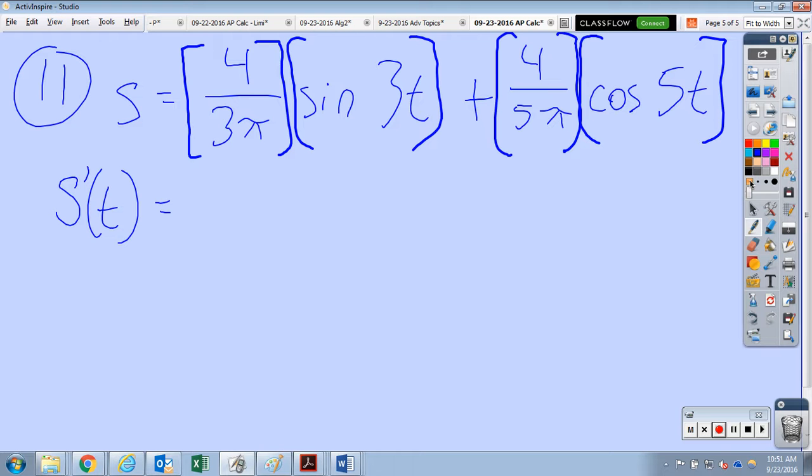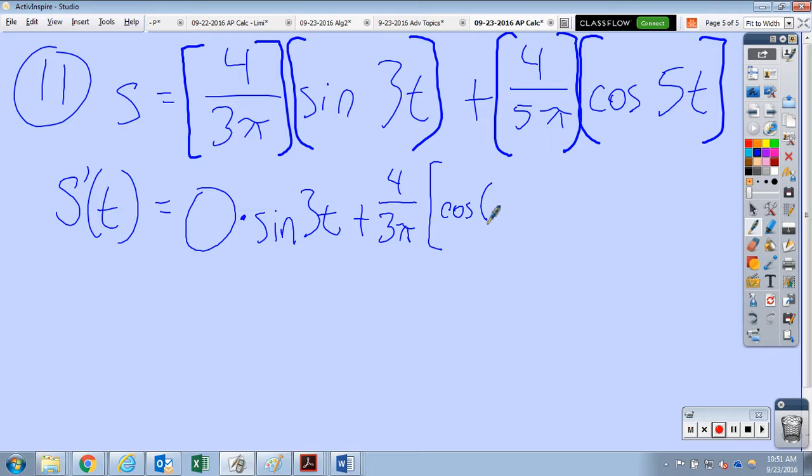The derivative of the first guy is 0, because this is just a constant, times leave this alone, sine of 3t, plus leave this guy alone, times the derivative of this guy, which is going to be cosine of, now we have chain rule built into this guy, times a 3. It wasn't that bad, right? The derivative of this guy is cosine 3t times 3, because you go all the way in.